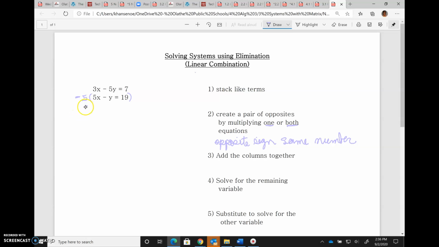I'm going to rewrite the first equation, 3x minus 5y equals 7, and then I'm going to distribute this negative 5 to everything. So I get negative 25x plus 5y equals negative 95.